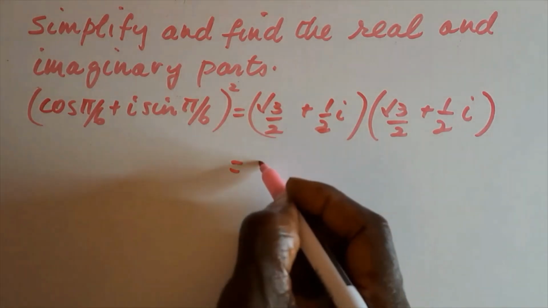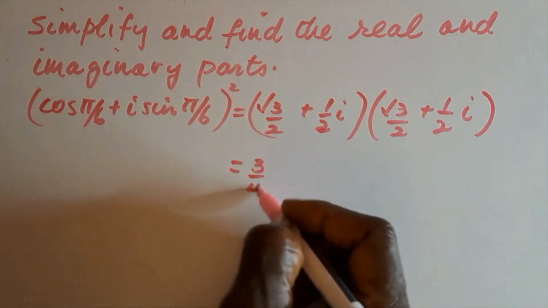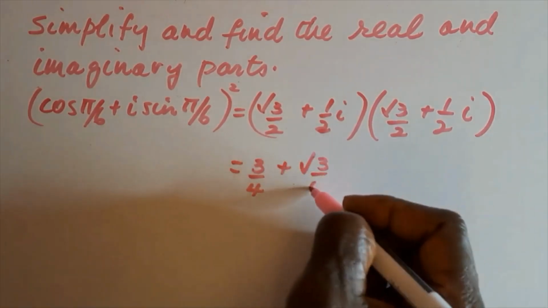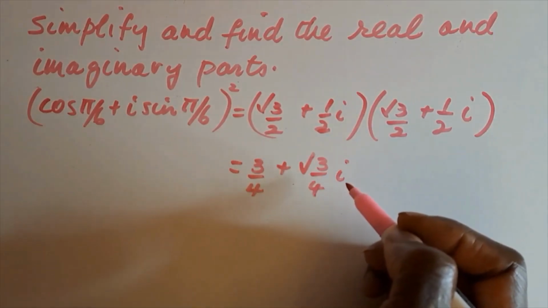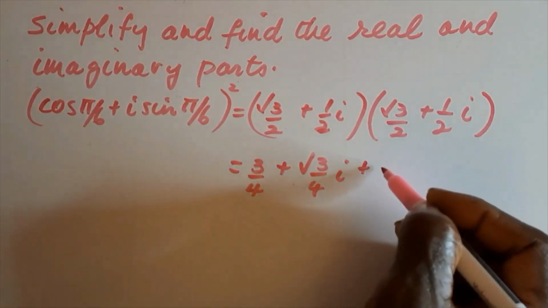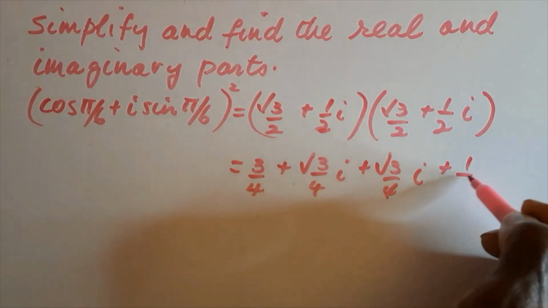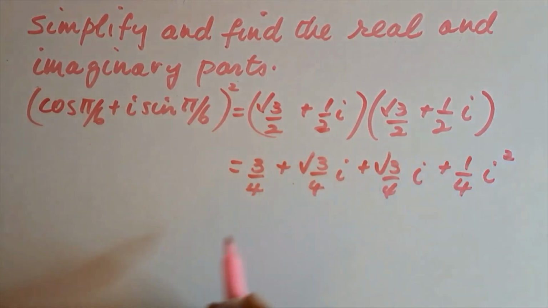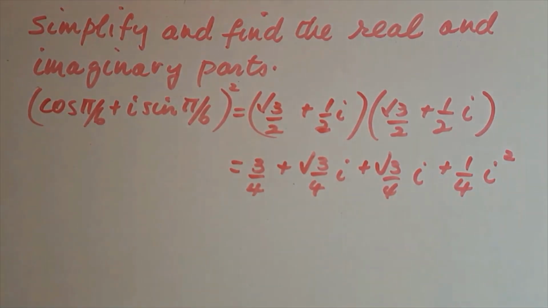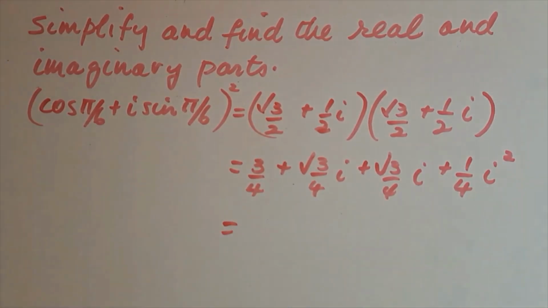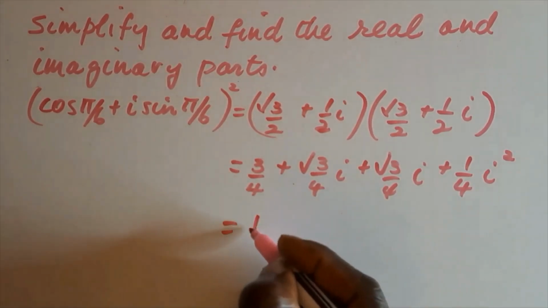When we expand the brackets, we have 3 over 4 and root 3 over 4 i and root 3 over 4 i, and a quarter i squared. i squared is minus 1. So we have 3/4 minus a quarter, which gives us 2/4, which is a half. So the real part is a half.